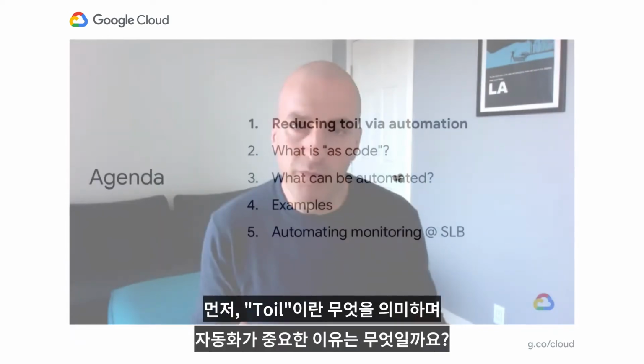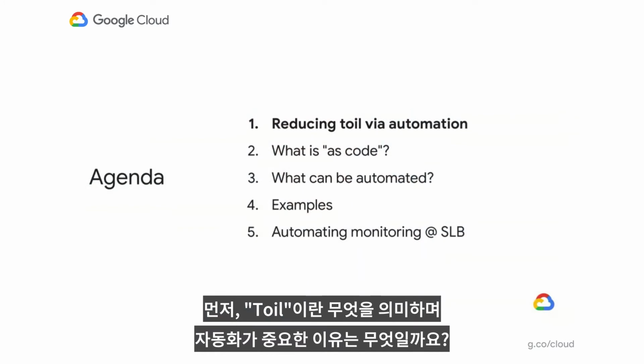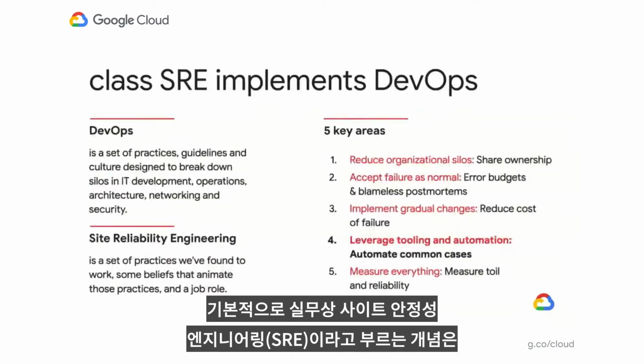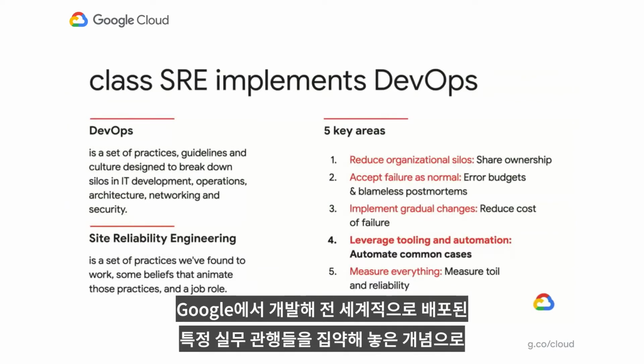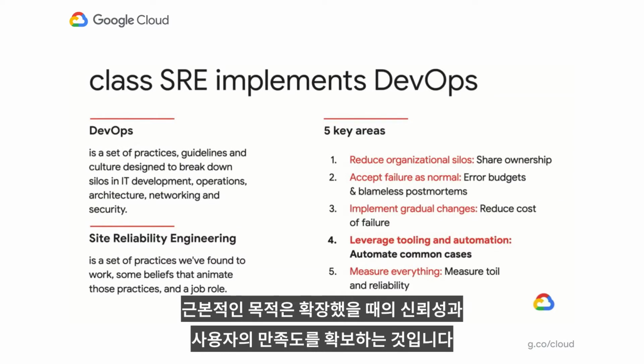So first, what do we mean by toil and why is automation important? Well, if we go back to our fundamental principles and practices, we'll recall that site reliability engineering, or SRE, is a specific set of practices developed at Google and since embraced everywhere that hold user happiness and appropriate reliability at scale as their ultimate objectives.